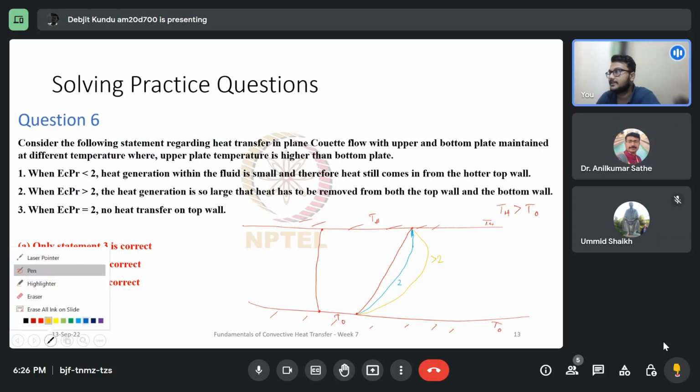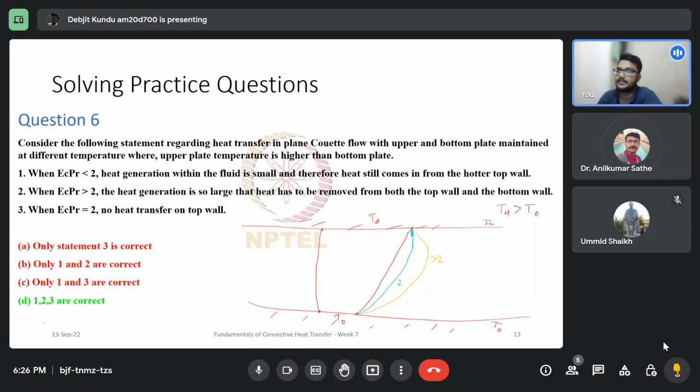And on a separate case, I'll try to draw this with green. If the Brinkman number is less than 2, then also there is some dissipation. There is heat generation within the fluid, but it's not so much that it gets higher than the hotter wall, or TH.